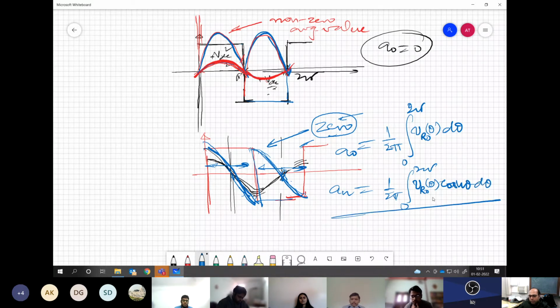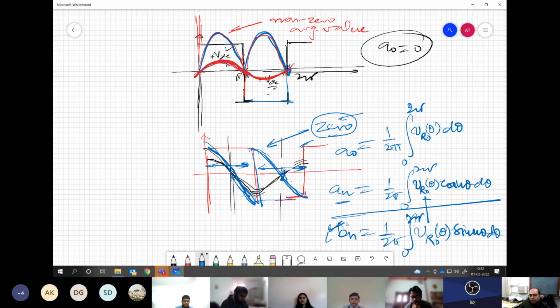If there is any cosinusoidal component available in this V_RO, then you will have a non-zero value over here. And if there is any sinusoidal component in this waveform, V_RO theta sin n theta, you will have a non-zero value of B_n.